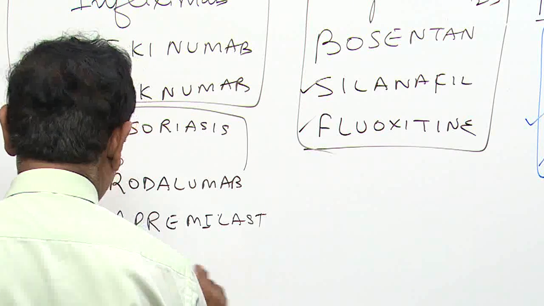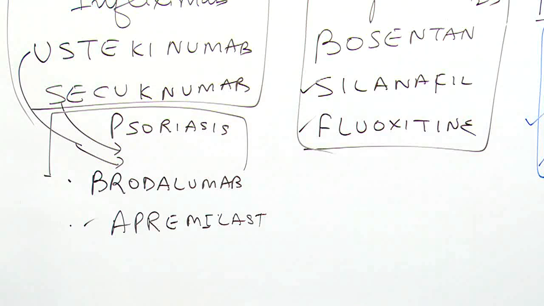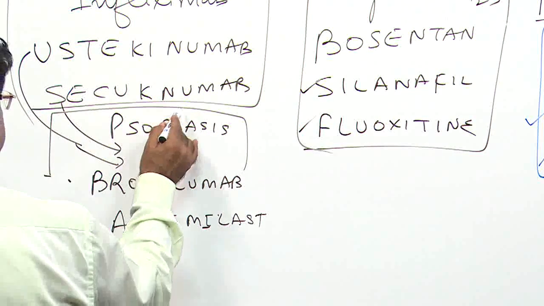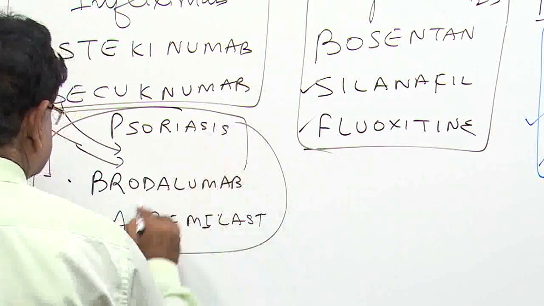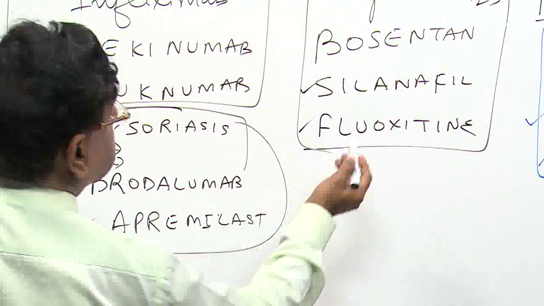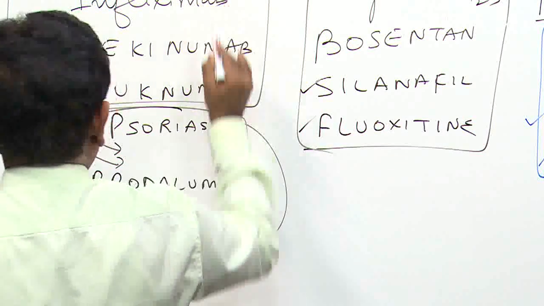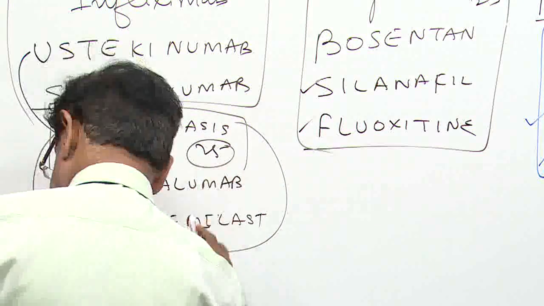So these are the drugs that we are using for psoriasis. This is box number 24, box 25.